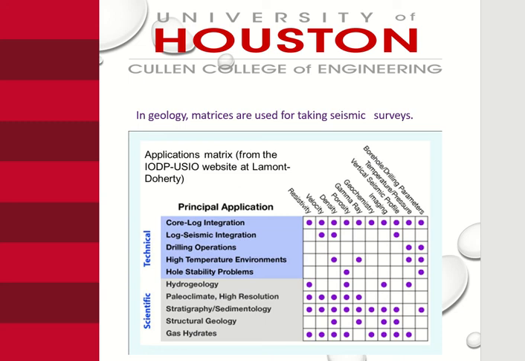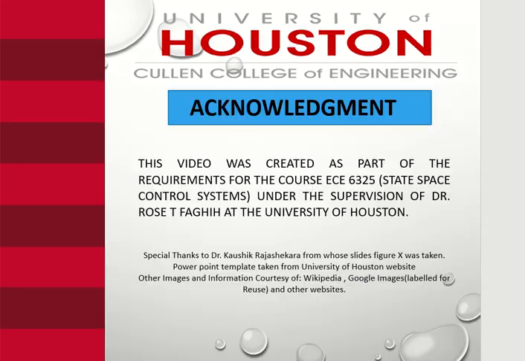Wherever they have to be related, they are just marked with a dot, and wherever there is no relation between them, it is left blank. So this is a very integral part of seismic surveys. Seismic surveys have a large number of matrices of large orders.